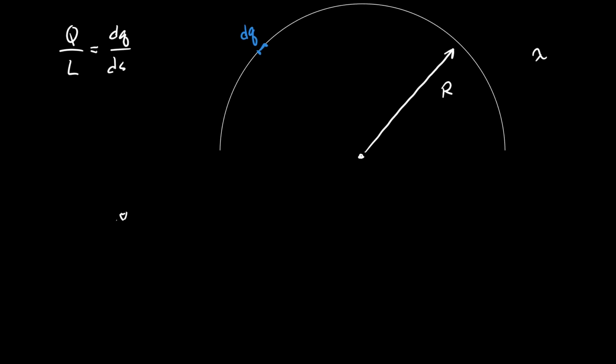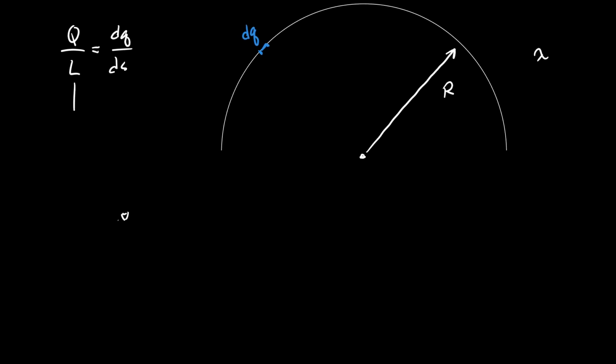They gave us something we have to use for this. They told us that that is lambda, the charge density. So they gave us what we have to use in place of Q over L. That still has to equal dq over ds, our piece of charge over our piece of length.